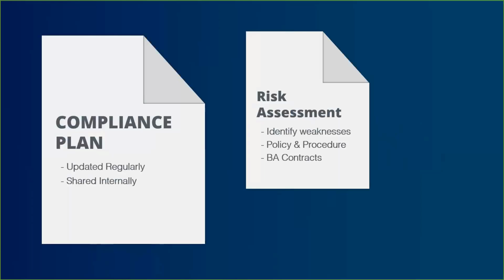Another thing to think about is timelines, because if there is a breach in certain circumstances, mostly when the BA is considered an agent for the CE, if the BA discovers the breach, that is the moment when both the BA and the CE start being liable for the timeline. There's a limited amount of time to get certain required things done.